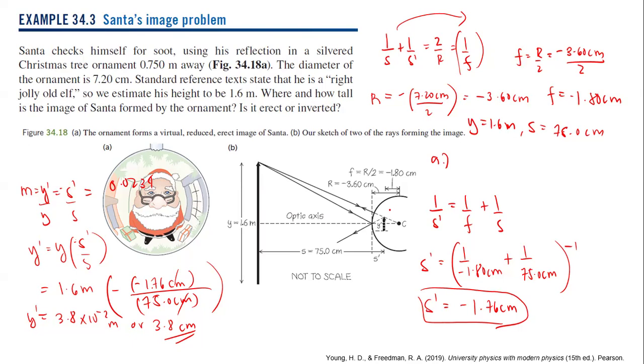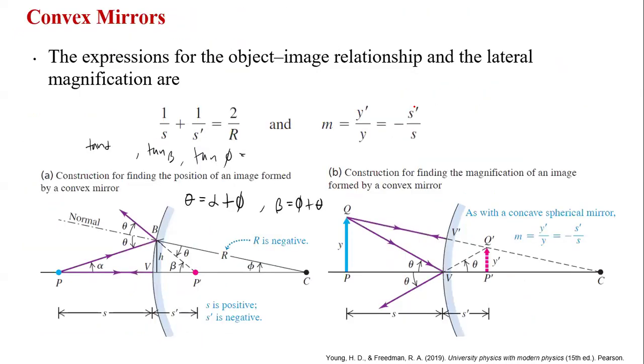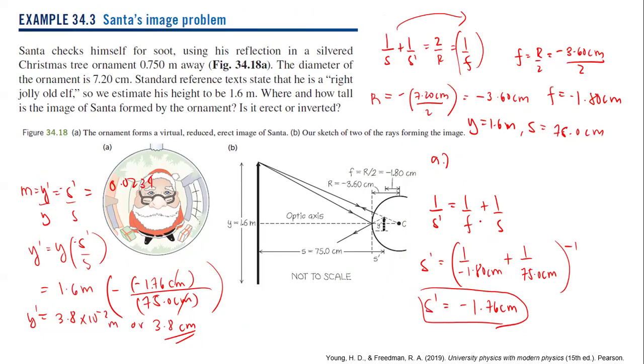It's not inverted. That's because the convex mirror from this diagram should produce erect images, unlike the concave mirror.